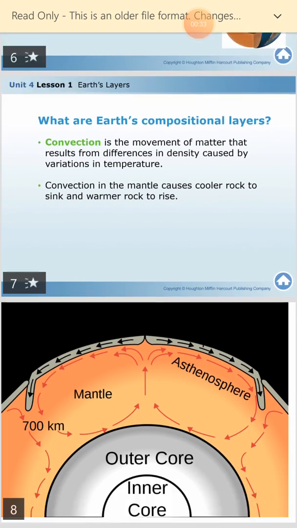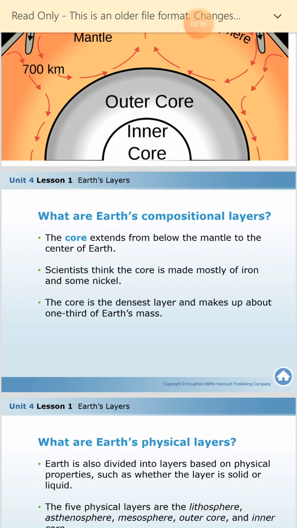But now we'll talk about the physical properties, mostly about if the layer is soft or hard, is it molten rocks or hard rocks, like this.